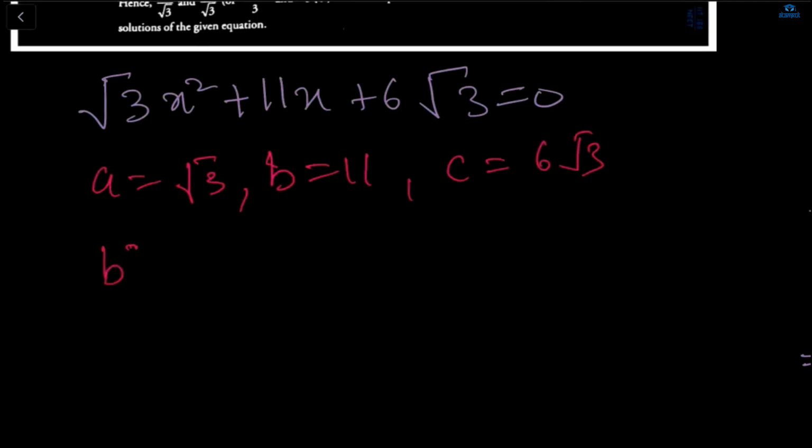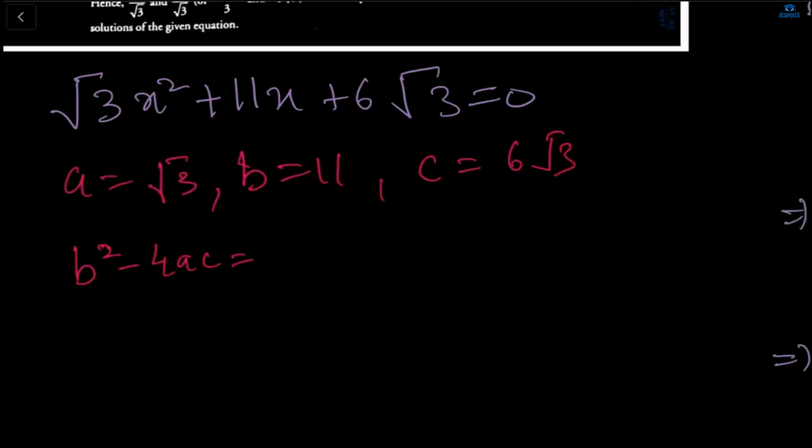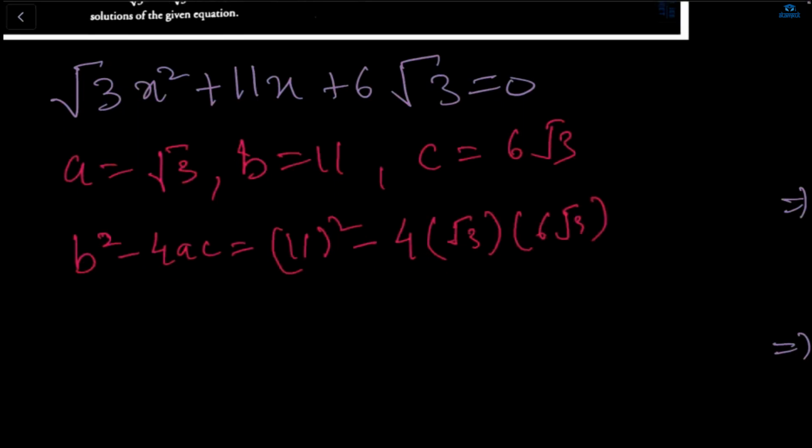b square minus 4ac will give you 11 square minus 4. The a value is root 3 and the c value is 6 root 3. So it will give you 121 minus 72, and this will give you 49.